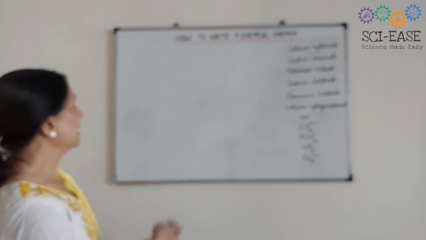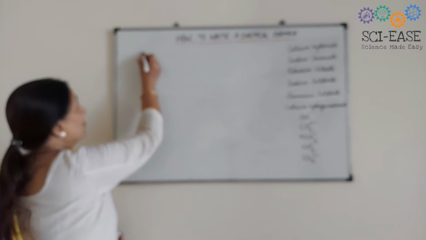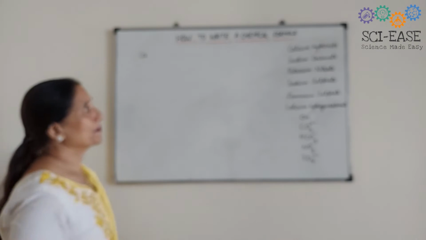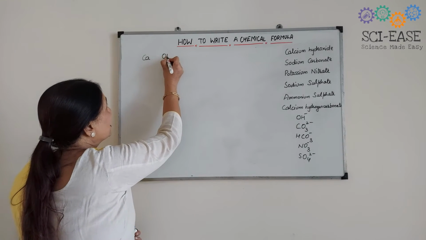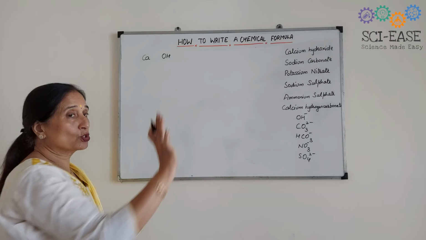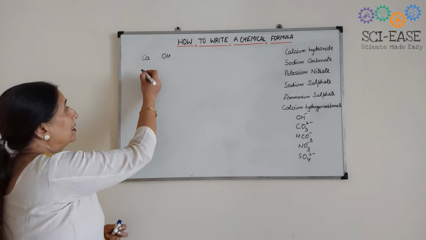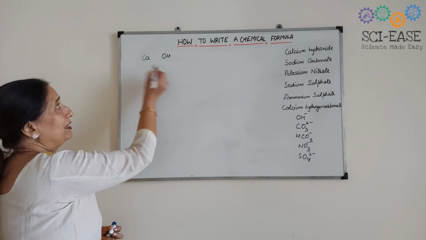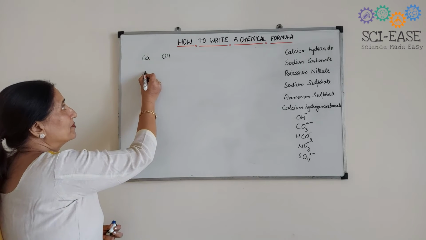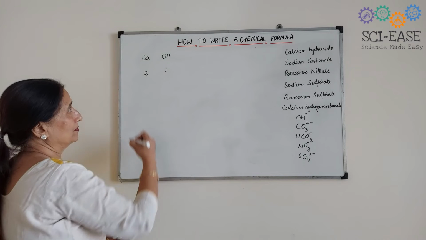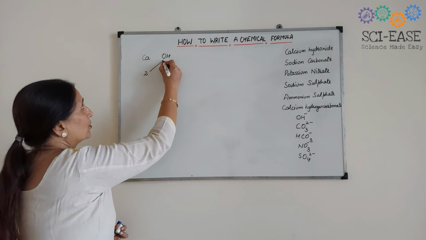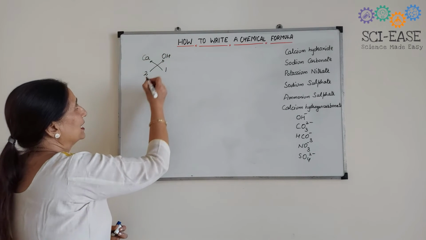Calcium hydroxide. I have told you that symbol of calcium is Ca. Hydroxide is OH negative. So negative we are not to write. Here we will write the valency. Calcium, it is 2. Hydroxide 1. Crisscross. What you will get?